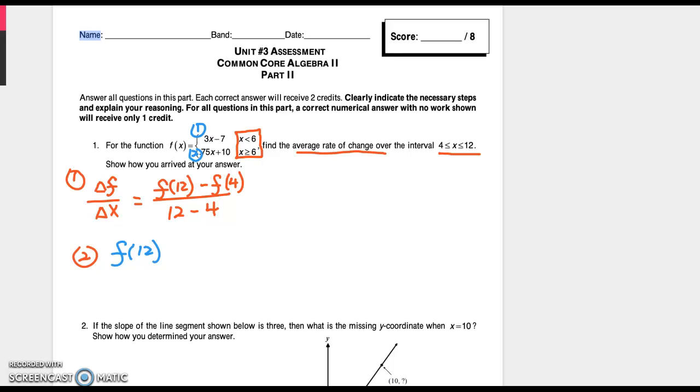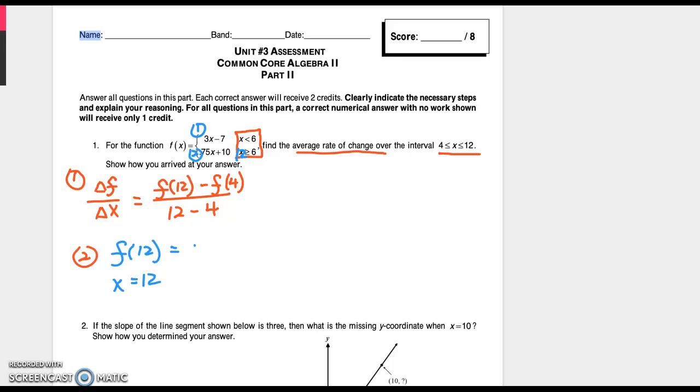See where it fits. This is telling you x equals 12. And you cannot be greedy and use both equations. You only pick one. Okay? So where does it fit? It doesn't fit here. It fits here because 12 is greater than or equal to 6.